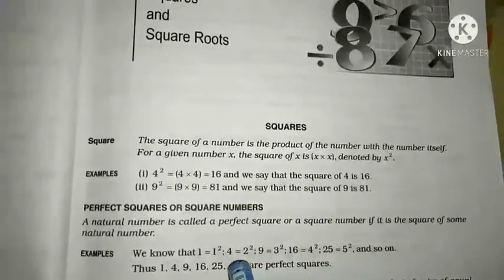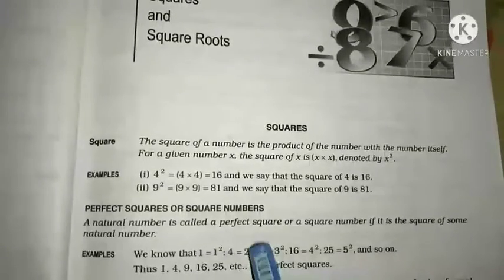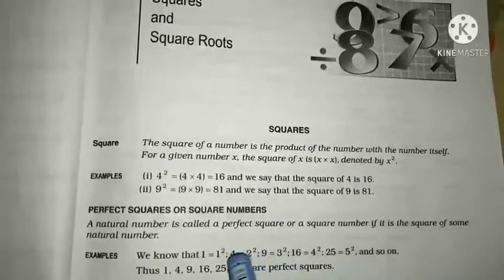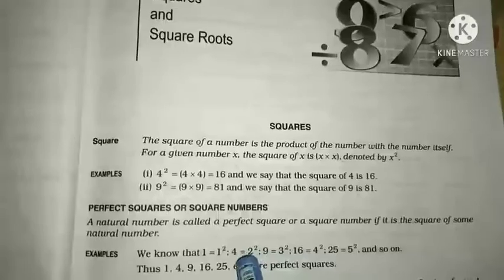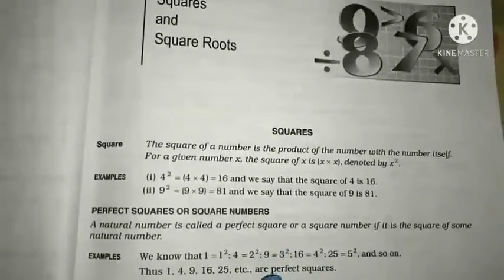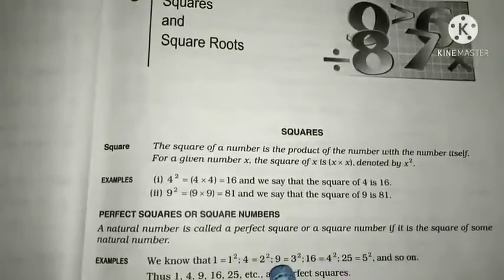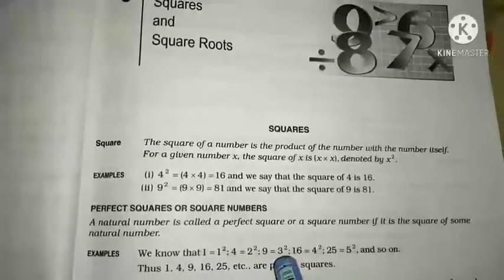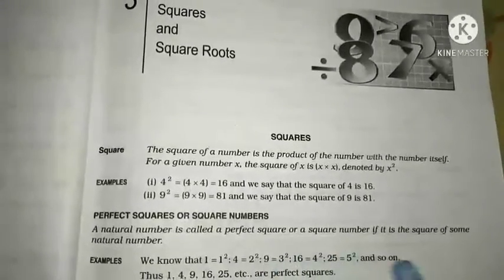Similarly, 4 is the square of 2. If you multiply 2 and 2, it gives 4. It means 4 is a perfect square or a square number. Similarly, 9. If you multiply 3 with 3, it gives you 9. So 9 is a perfect square or a square number, and so on.